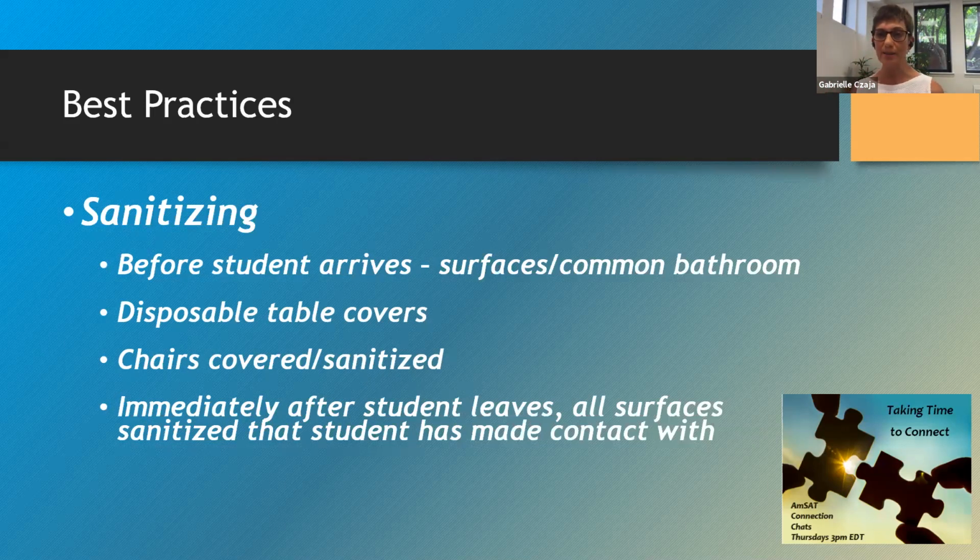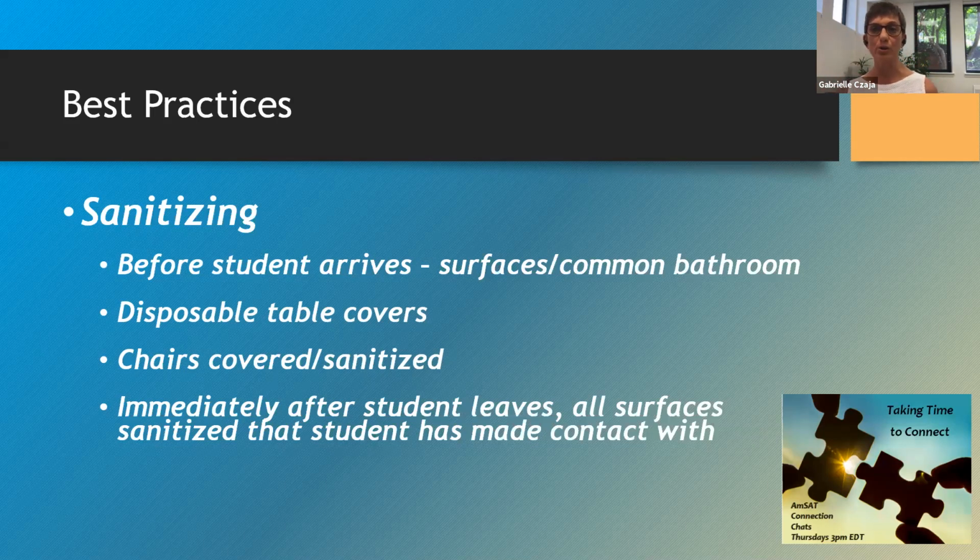We're understanding that fresh air and circulation is really important. If you can have the door open, if you can have some windows open, a fan going, a HEPA air filter would be really good to have. That keeps things moving. And then after the student leaves, you're cleaning off the table.